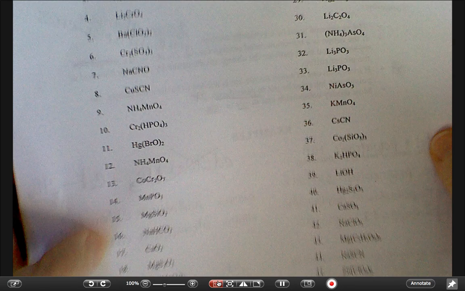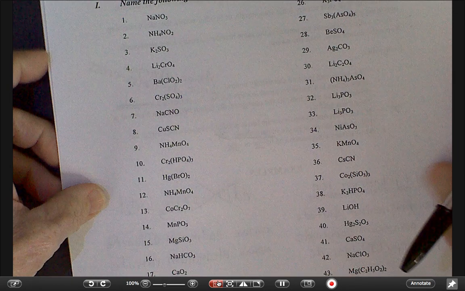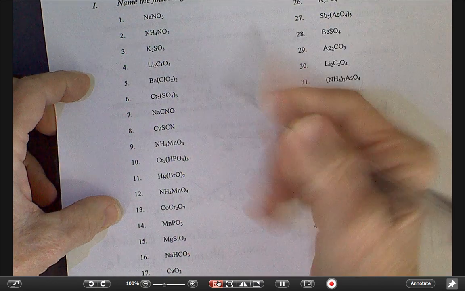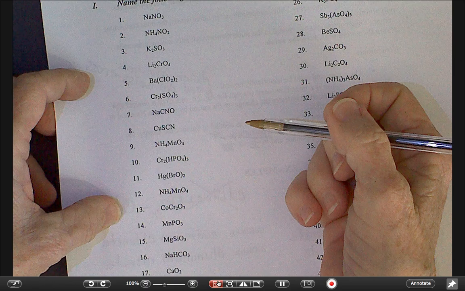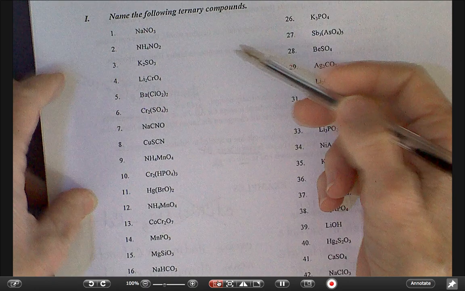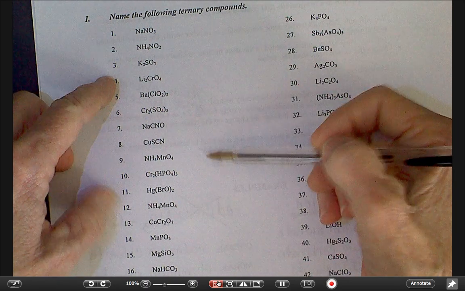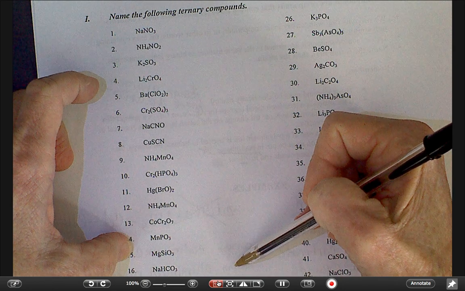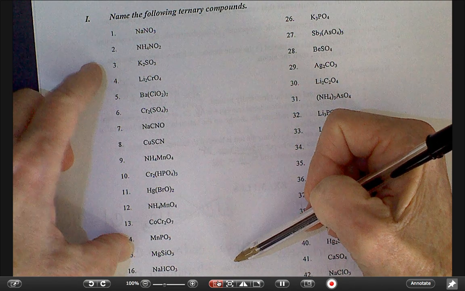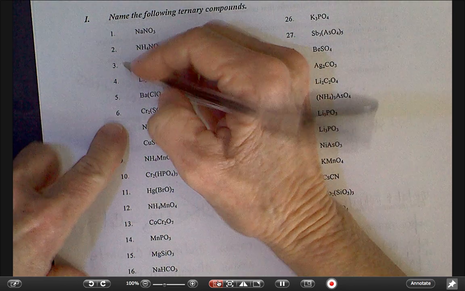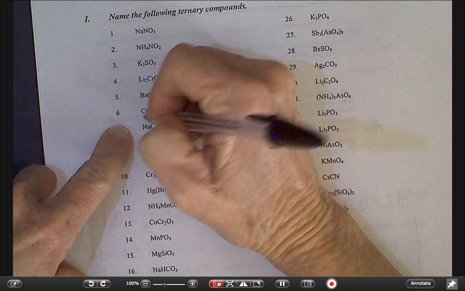Naming goes so easy. Where do you have to be careful? Okay, in naming. Who are the problem children in naming? Transition metals. Uh-oh. Let's look right here.